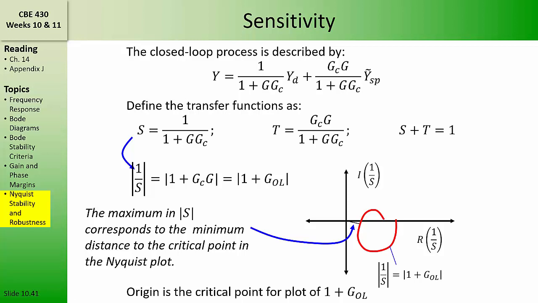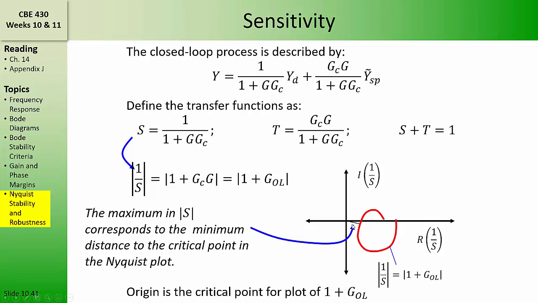If we plot this on the complex plane, it's very similar to the Nyquist plot, except that the origin has been shifted over to the point -1, 0 on the Nyquist plot, which was our critical point. So instead of plotting the distance of the absolute value of GOL from the origin, we're plotting the distance of GOL from its critical point on the Nyquist plot.